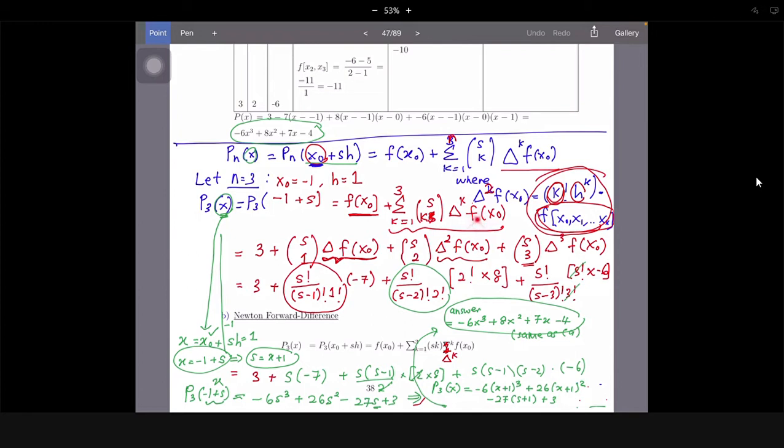Kenapa? Saya baru perasan di mana the different data here adalah this function, this equation, this formula, sorry. So the formula delta K F X naught adalah K factorial H^K multiplied by the F with the square bracket tu.